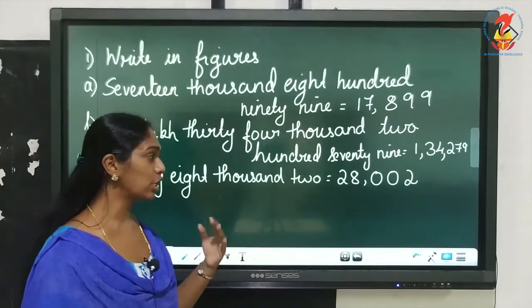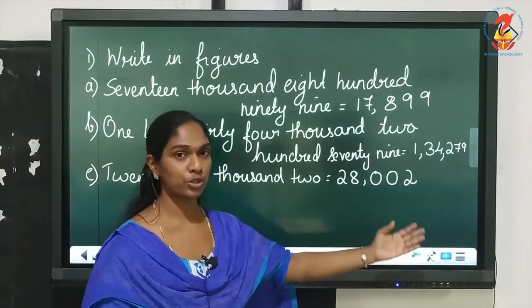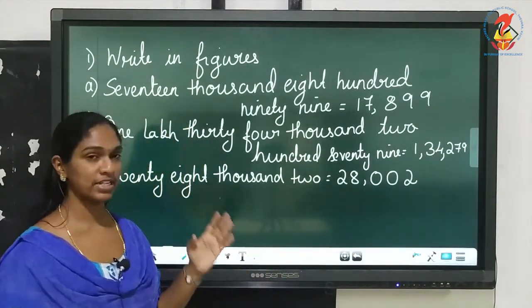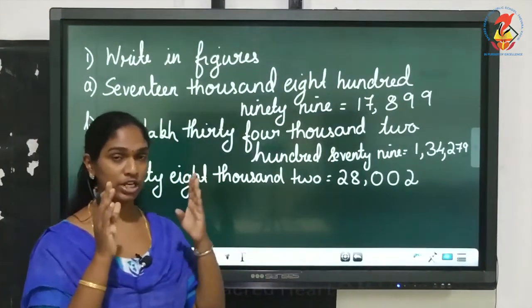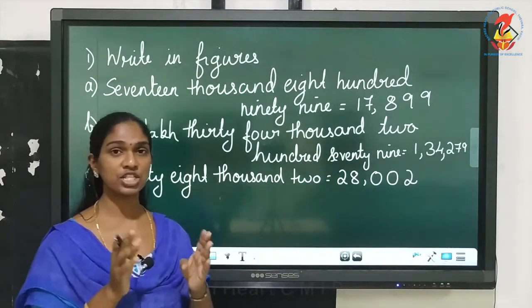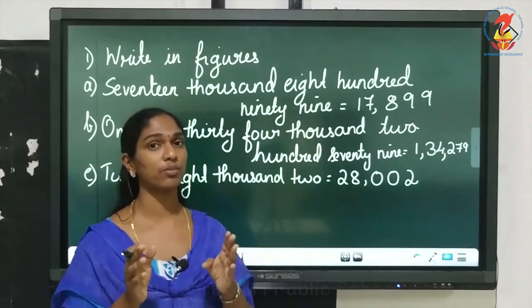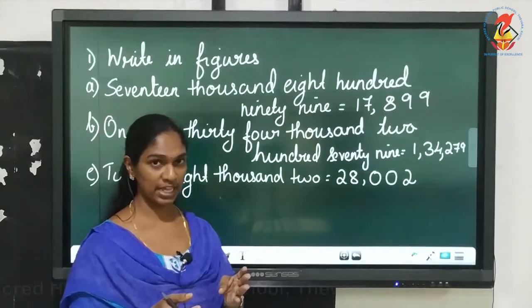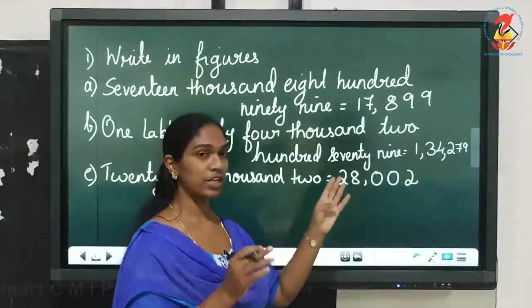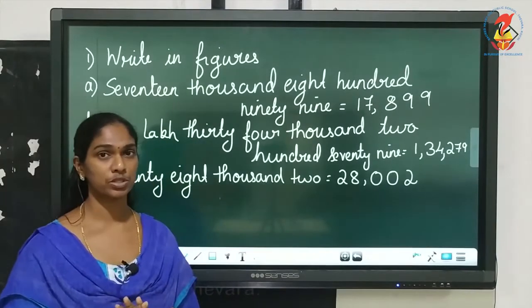How do you read this? 28,002. So children, when you are writing in figures, another important thing that you have to keep in mind, according to the period, check whether you have enough digits. If you don't have enough digits there, you will fill up that gap with zeros.